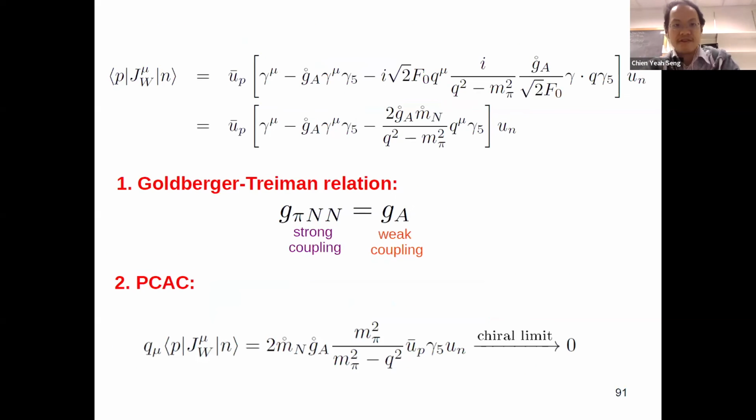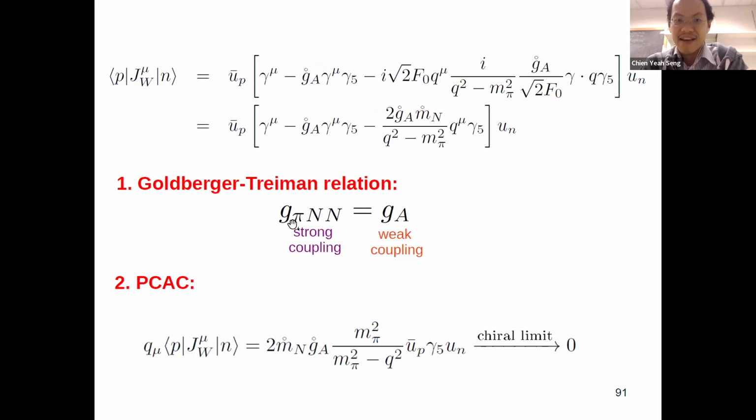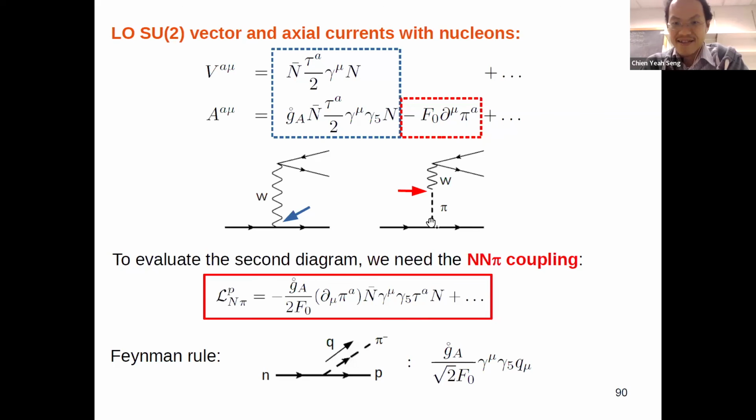From this result, we have derived two important relations. First is the so-called Goldberger-Treiman relation. This relation says that the axial coupling constant g_A, which appears in the weak decay of the neutron to the proton, the beta decay, is related to the strong interaction coupling between nucleons and a pion.